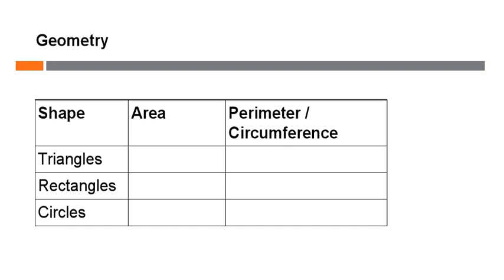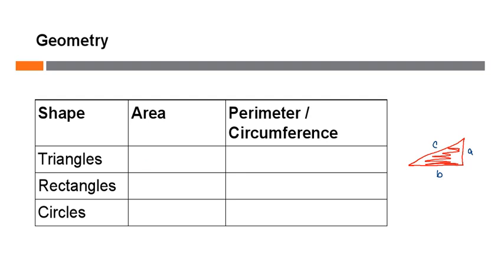So if you think about a triangle, there's kind of two numbers that we're interested in. One is the area, that's the space inside, and the other is the perimeter, the distance around the outside of it. So if I wanted to know the area of this thing, I'm going to name the sides here. Why don't we call this A and B and C, something like that.